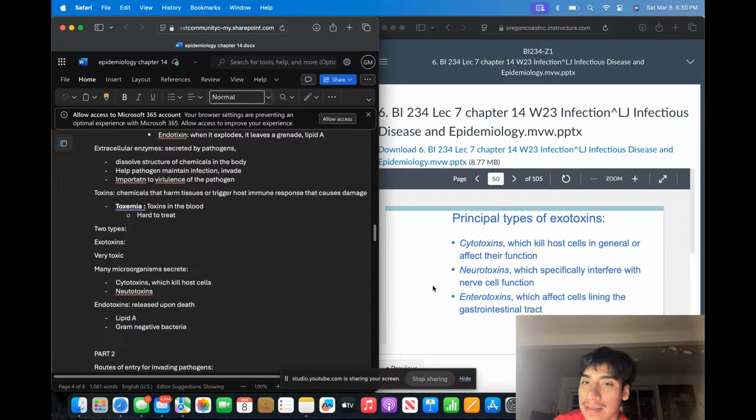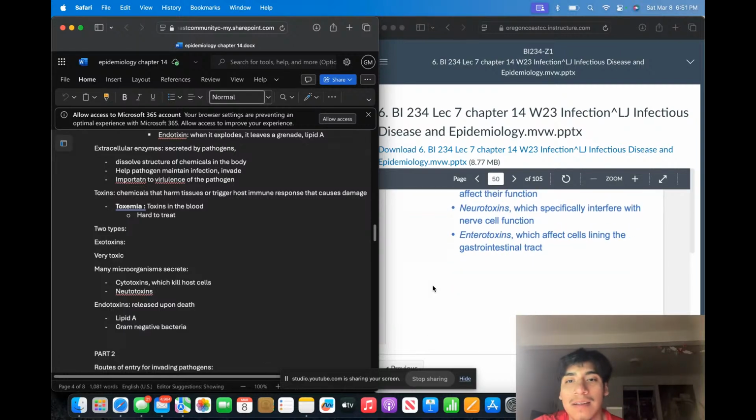So cytotoxin kills host cells. Neurotoxins, which specifically interfere with nerve function, that one is in the name. Enterotoxin, which affects the lining of the gastrointestinal tract, which also kind of is in the name when I think about intestines. Enterotoxins.